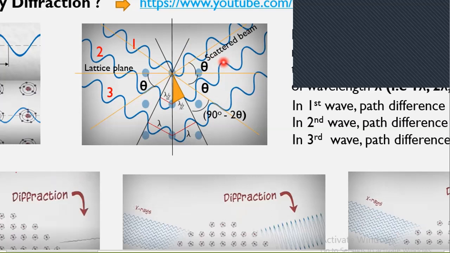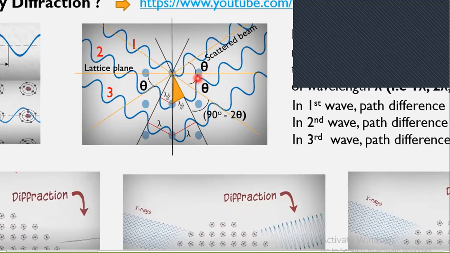Okay, let's see what happens if I displace the wave by one half of the wavelength. So we are comparing wave 1 and wave 2. One complete wavelength is from this point to this point.